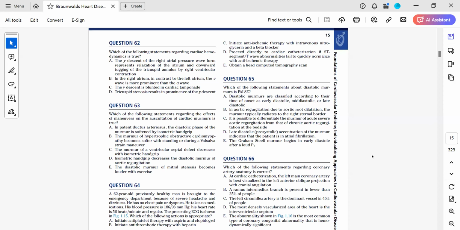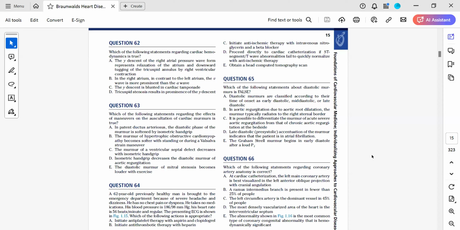This question is talking about the JVP. Okay, let me start taking it. So we have to identify the waves that make up the JVP. The positive deflections include the A and the V, then we have the X descent and the Y descent. The A is for atrial contraction.